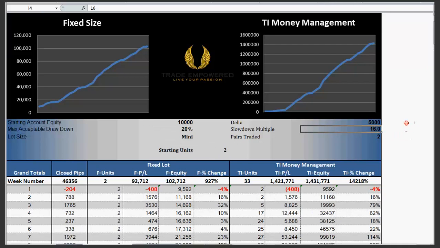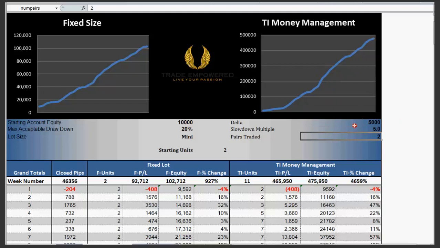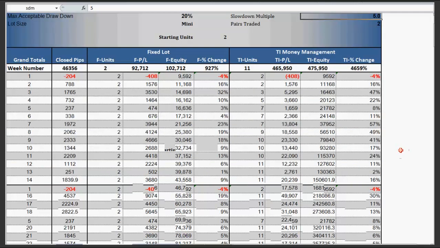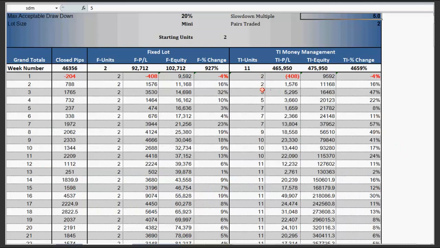So I'm going to take my slowdown multiple from 16 to 5. Okay? So now I've got my $5,000 delta, and I've got my slowdown multiple at 5. Now look at what it does. See how we've got a nice, even, steady climb as we increase our equity?